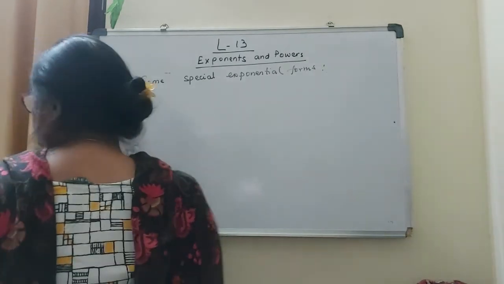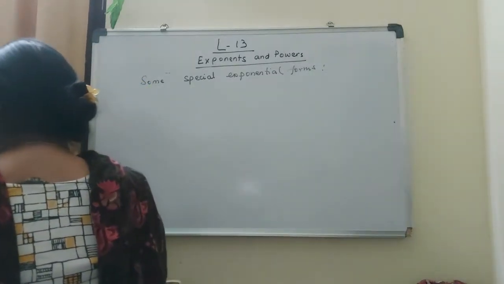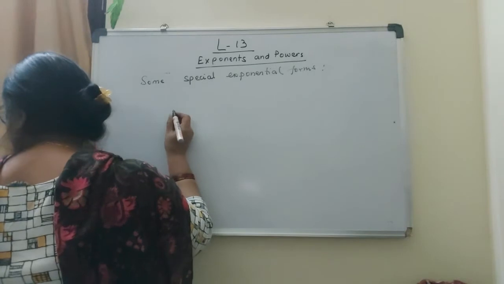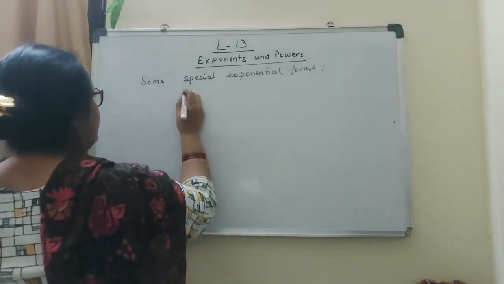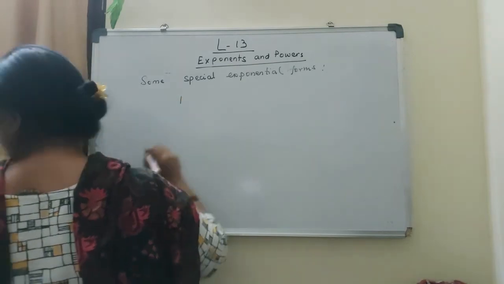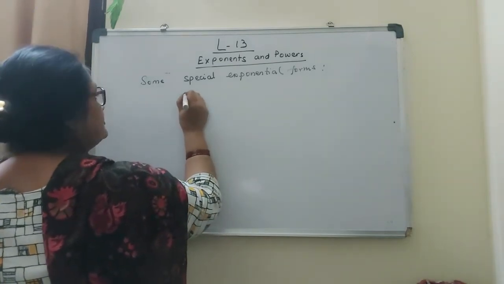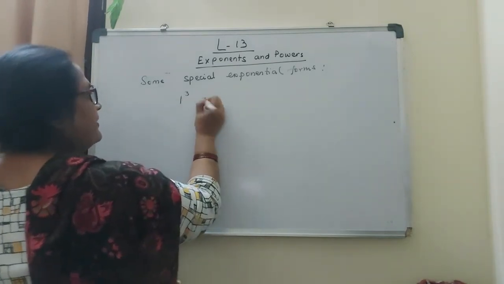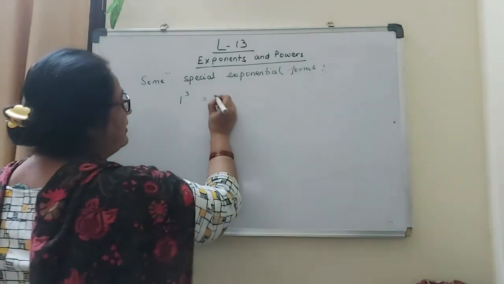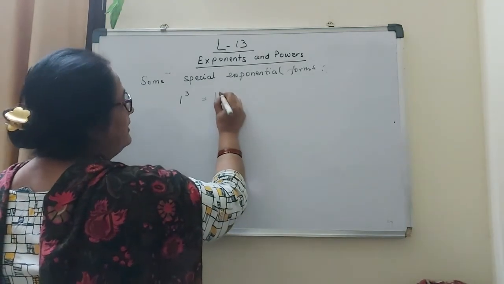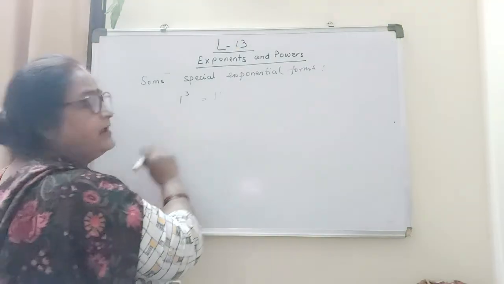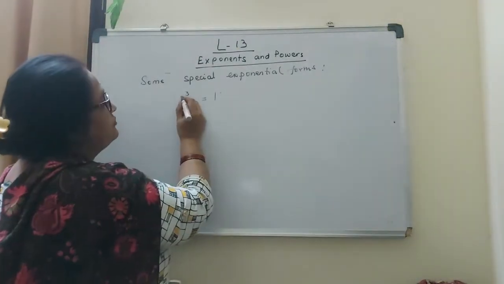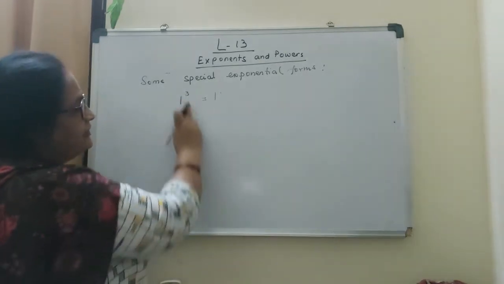Right, let's take another example now. Let's take 1 raised to the power of 3. 1 raised to the power of 3 will be 1. 1 is the base, so this is the number being multiplied. How many times am I going to multiply the base? 3 times.